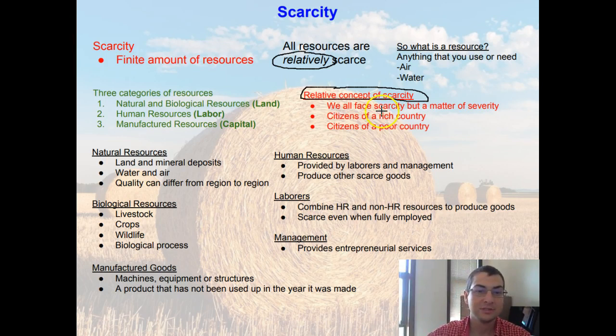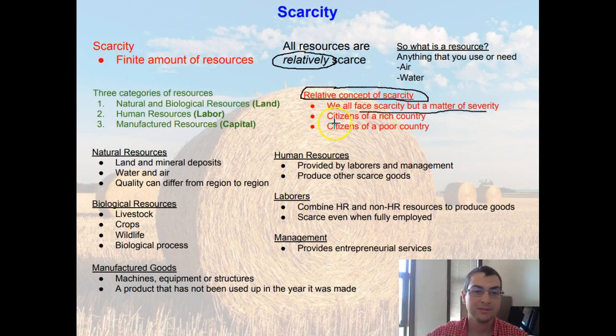Everybody faces scarcity of some manner. But to what degree do we face scarcity? And we can see that we all face scarcity because nobody, regardless of how much money they have, can get every single thing that they want. So we do all have scarcity. But how severe is that scarcity?